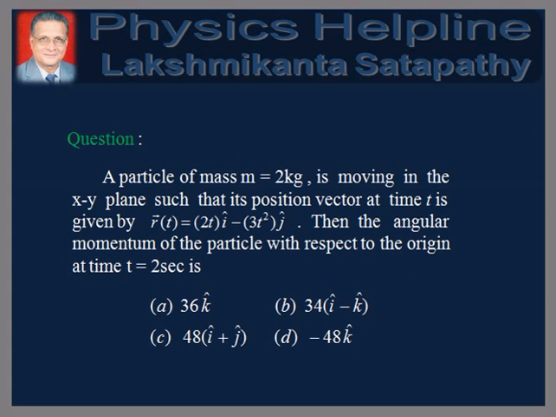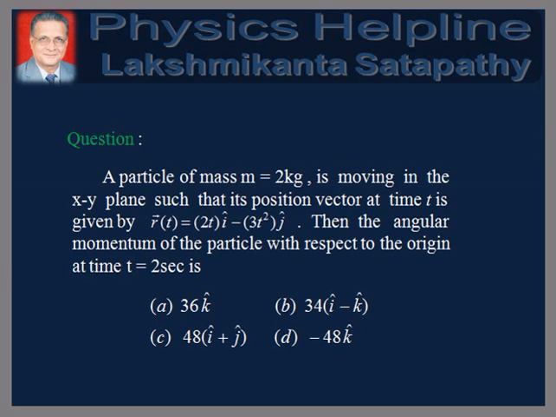A particle of mass m equal to 2 kg is moving in the xy plane such that its position vector at time t is given by r(t) = 2t i cap minus 3t square j cap.